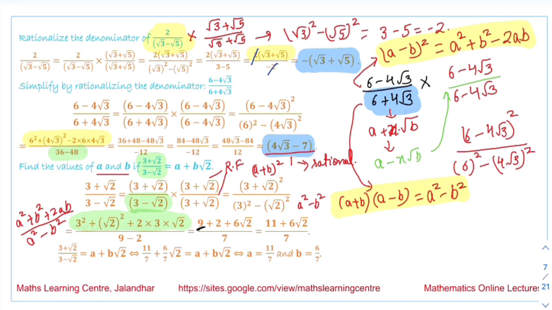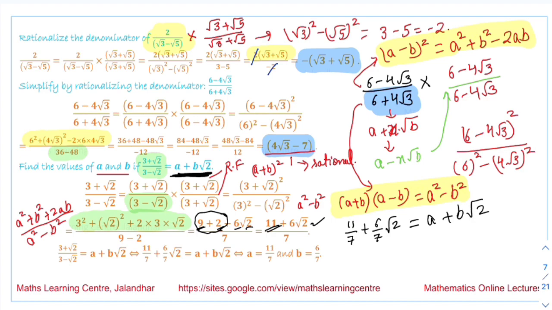3 square is 9, square root 2 square is 2, and 3 into 2 is 6 root 2. These two terms are like terms, so these two become 11, and the next term becomes 6 root 2. So the answer we get is 11 by 7 plus 6 by 7 root 2, and it is given to us that this value is equal to a plus b square root 2.